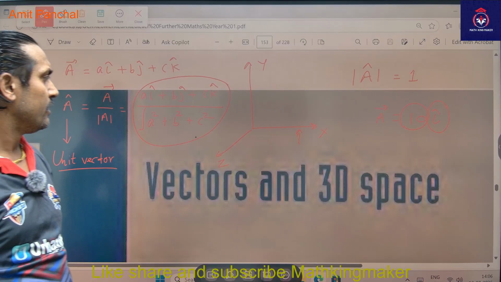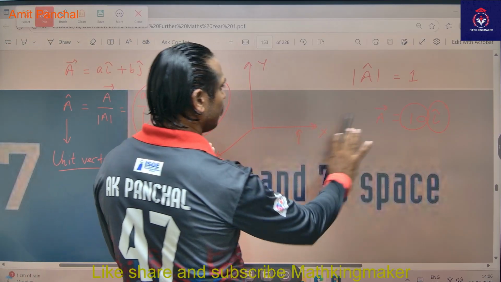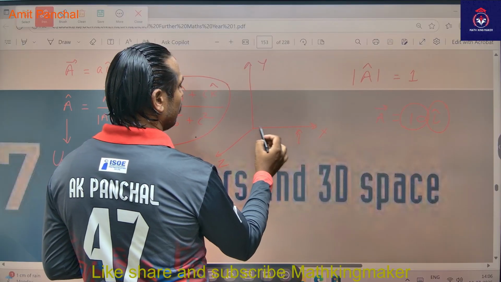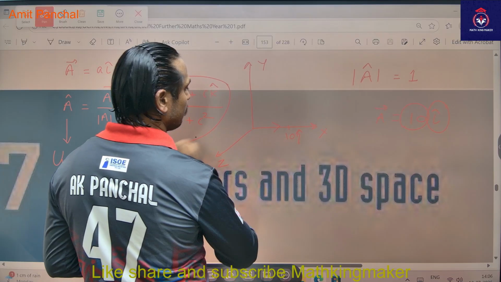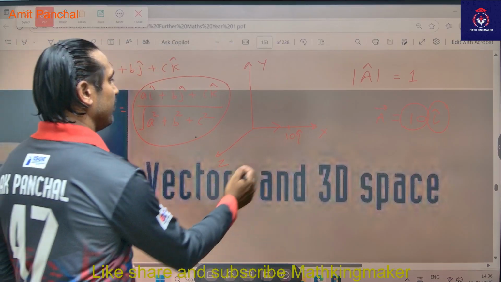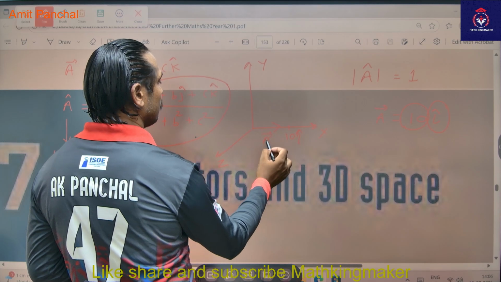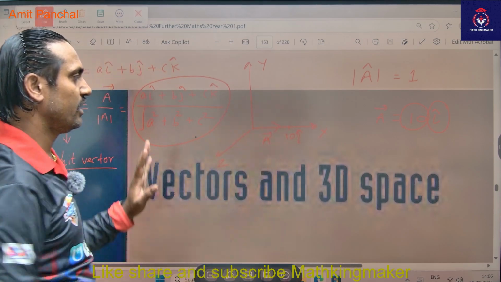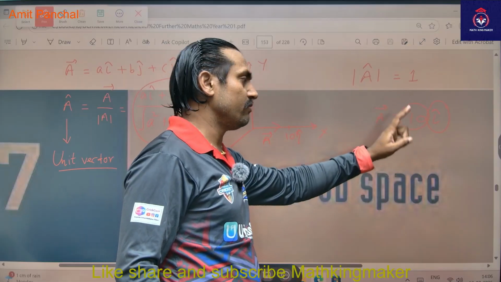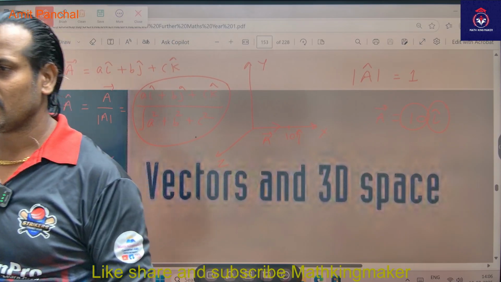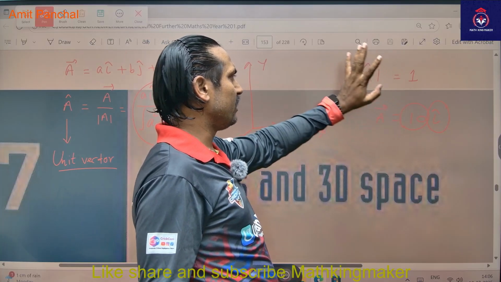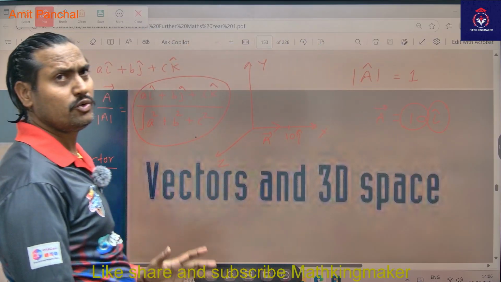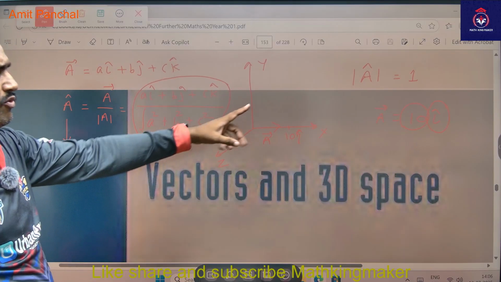If I am going to trace this vector, let us say this is 10 units, so this is the vector. We are just writing the unit vector to represent its direction. So a unit vector has a single magnitude and is only written to show the direction of the vector.